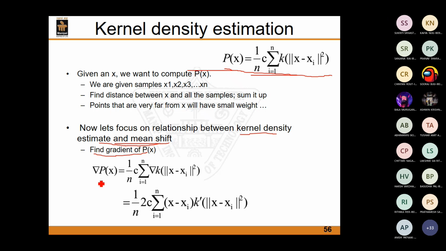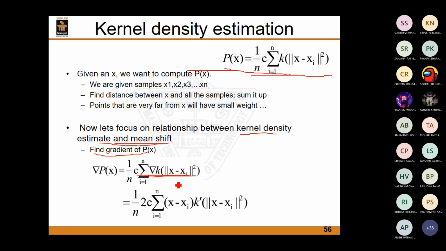To compute that, we find the gradient of k, the radially symmetric kernel, which is a function of the distance between the current point and the neighboring points.